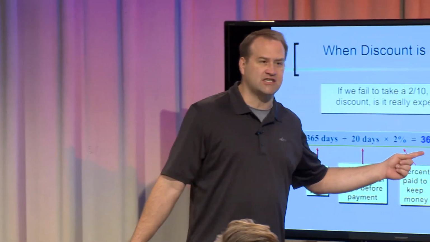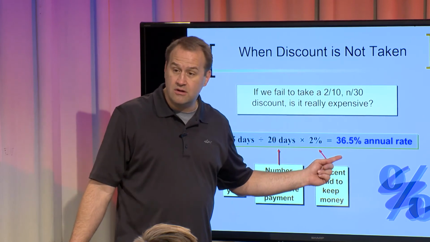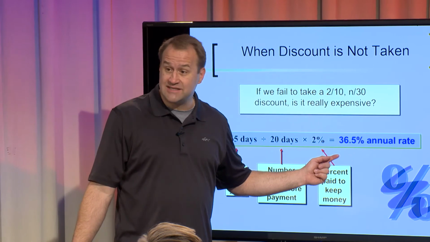Now, if I had a company and we owed a mortgage on our building, and Jacob, I asked you to go to the bank and renegotiate our mortgage, and you came back and said that you did it, and you got it at a fixed annual rate of 36.5% cost, would I be happy with you? Not at all, right? That's expensive.